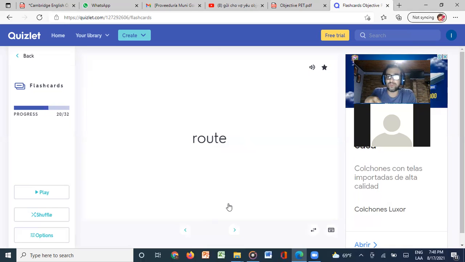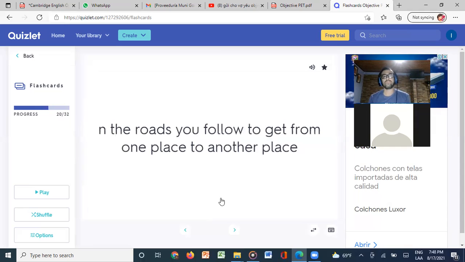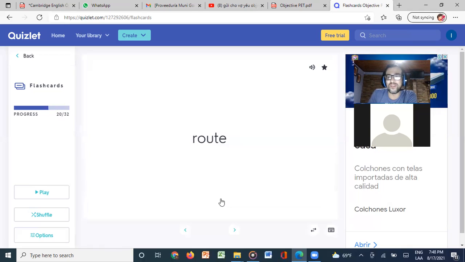But I can, for example, get the same route every day by car. Exactly. You can say, yes, I have a route to get to my job, right? Because it's just roads that you're following to get from one place to another. So you can also use that as like your routine, your daily routine driving.